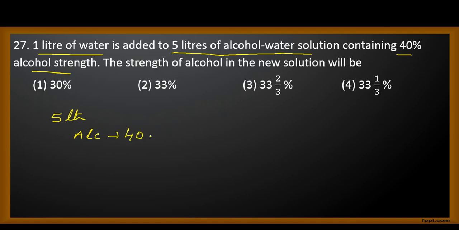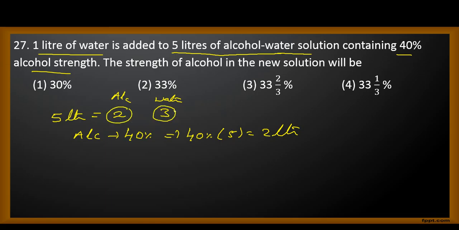Only 40%, implies 40% of 5 liters, which is equal to 2 liters. So in the 5 liters, 2 liters is alcohol, and the remaining is water, that is 3 liters.